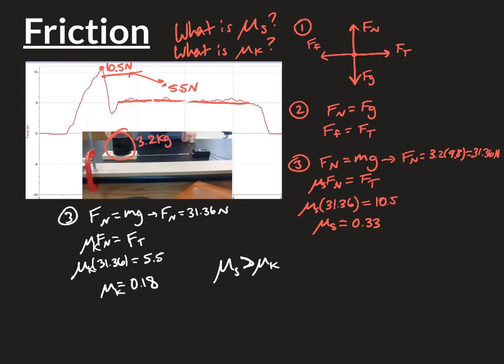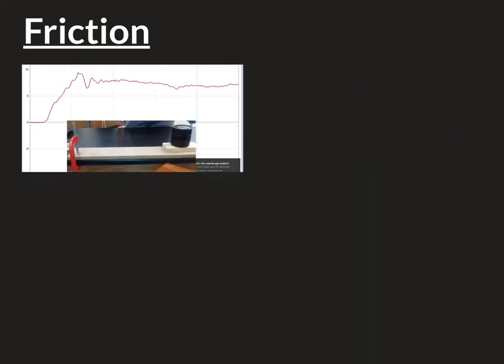Static is always greater than kinetic. But I will say your coefficient should never be close or even greater than 1. It should always be a decimal that's less than 1. If we get something greater than 1, what that probably means is we divided the wrong way or did some math wrong somewhere else. Let's do one more quick example, just to show that changing the surface changes the coefficient.